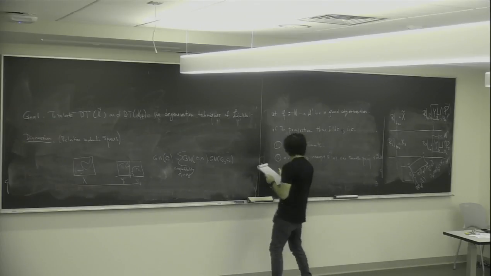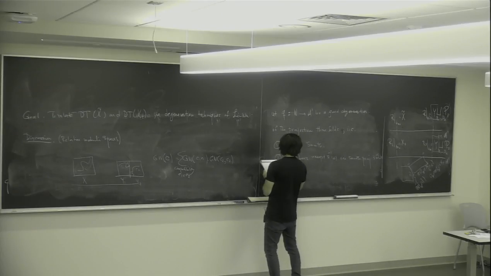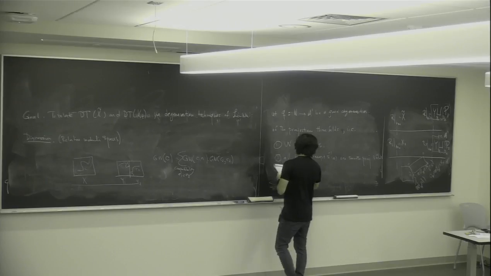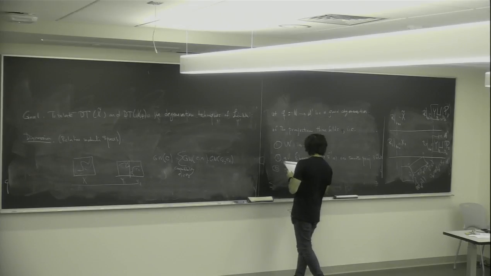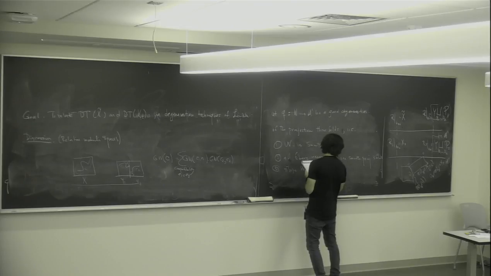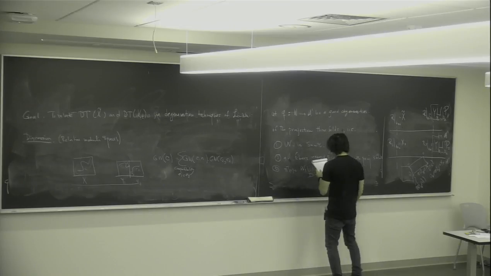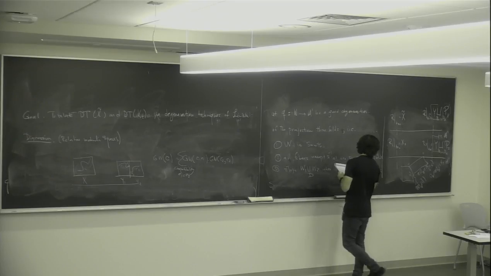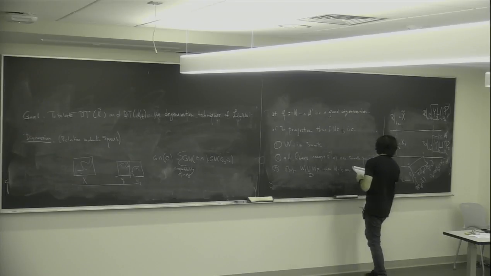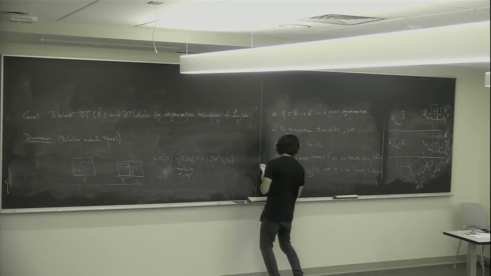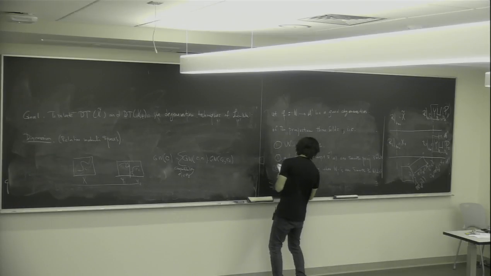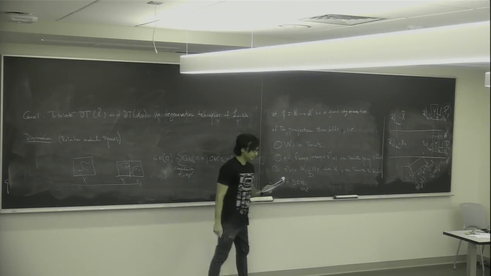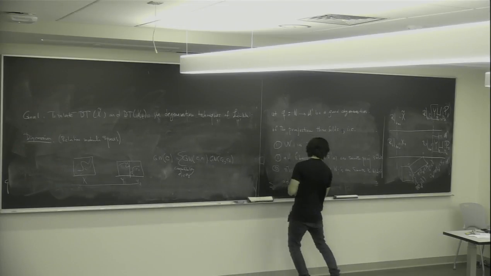And thirdly, pi inverse of 0 is some W1 union W2 over some divisor D, where the Wi's are smooth threefolds, and D inside Wi for i from 1 to 2, the relative divisor, is a smooth divisor.